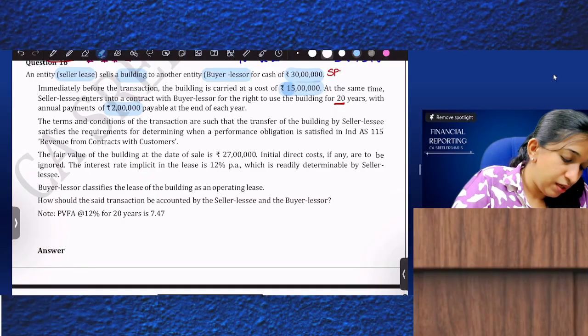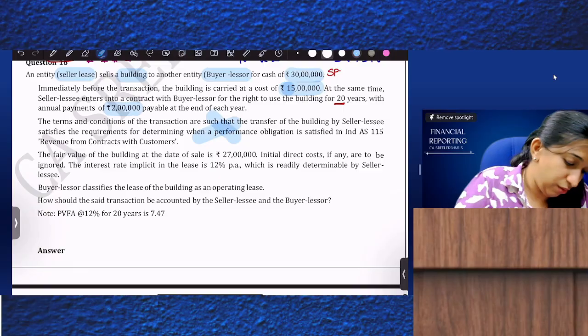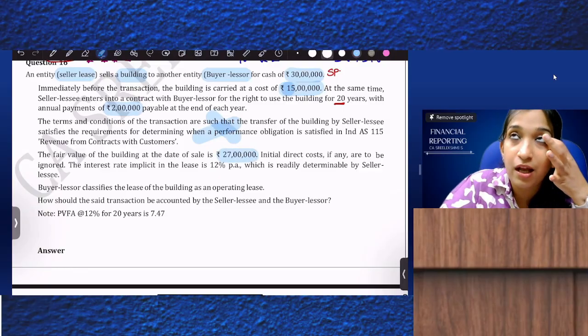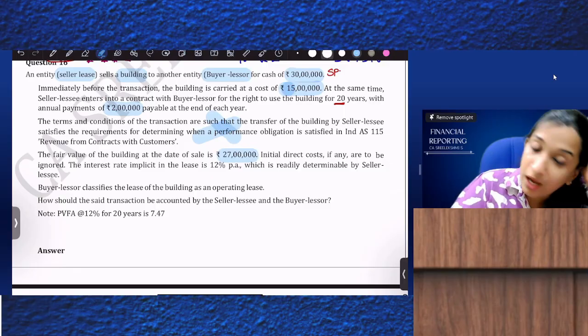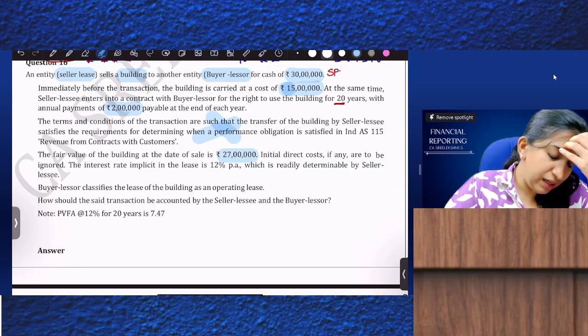The terms are such that control is transferred. The fair value of the building on that date is 27 lakhs. Oh, fair value is only 27 lakhs, but you got how much? 30 lakhs. Any initial direct cost: none. Interest rate implicit in the lease is 12%.